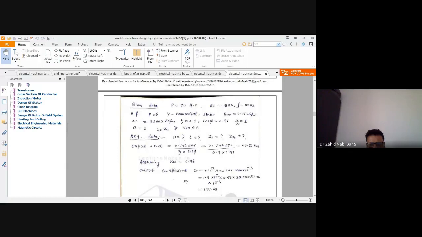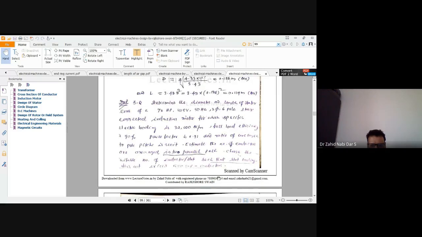Then you have the output coefficient C naught is equal to 1.11 pi square, and you can write this 11 also, or 1.11 pi square, BAV, AC, kW into 10 power minus 3. Is BAV given? I don't think BAV is given in this problem.